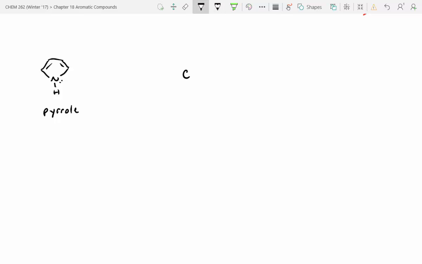So I'm going to have a carbon, nitrogen, and then I'll put the back 2 carbons over here. Let me try to clean this up a little. Okay, so we've got these p orbitals sticking up.